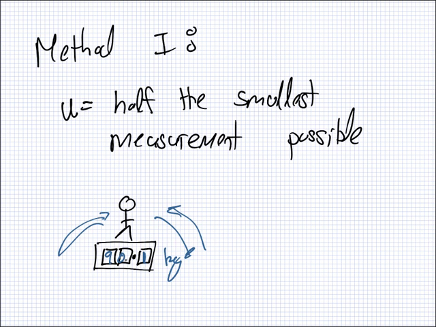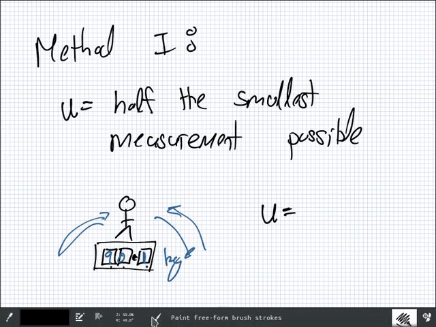I mean, their weight could be 90.12, 90.11. So here you say the uncertainty is half the smallest value. What is the smallest mass this machine could measure? Yeah, 0.1. So half of that would be 0.05.